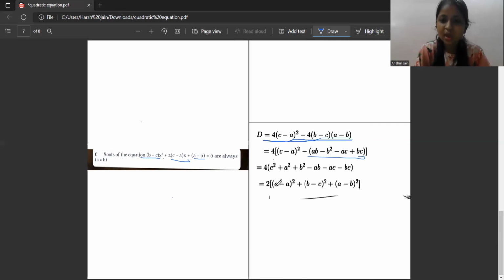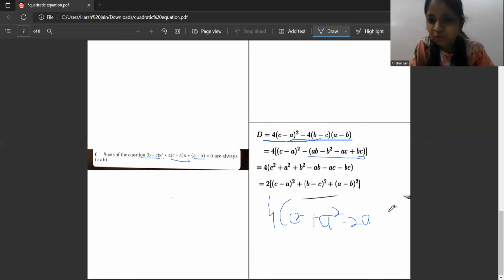Now next we know the identity of (a minus b) square. So applying here, what we get: 4[c square plus a square minus 2ac.